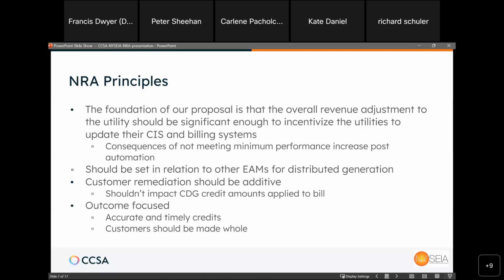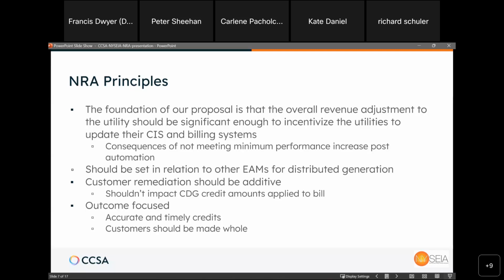The NRA should also be set on a relative basis so that it aligns incentives, especially including other incentive mechanisms around customer performance and interconnected distributed generation, to make sure that these still provide a sufficient incentive for utilities to adjust their systems.